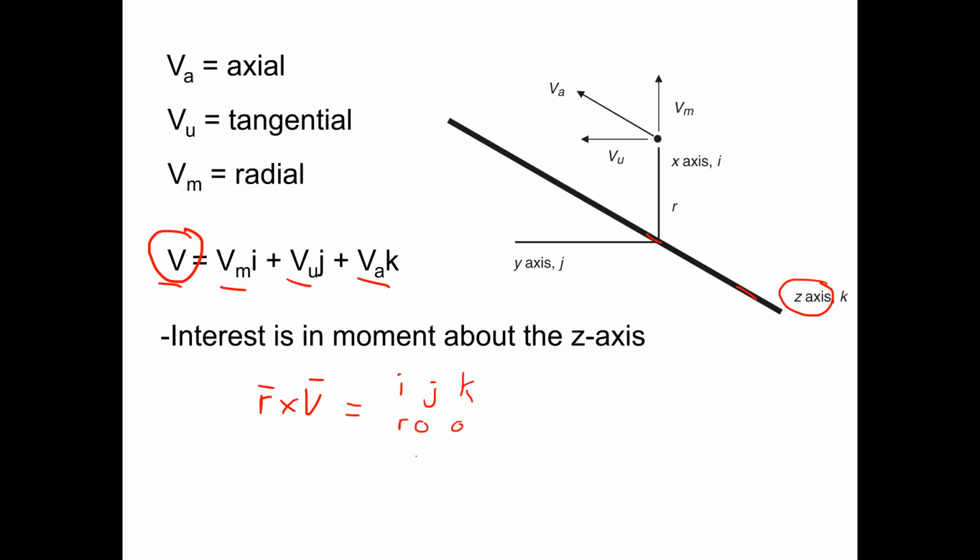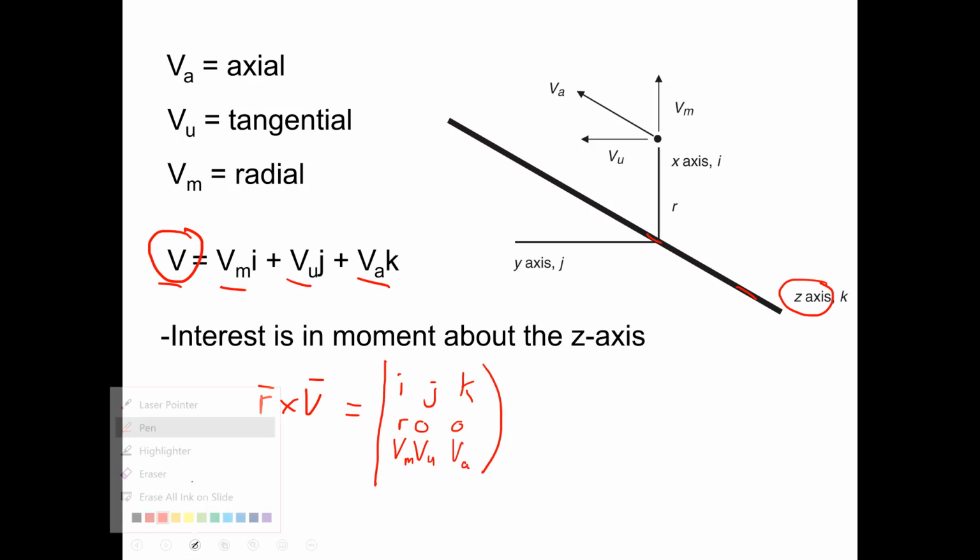Again, I'm not going to be asking you to do this all on your own, but if I were to split this up, sorry, that should be in the form of a matrix. So if I do this, I have my directional components i, j, k, and my velocity split up into the three components. I'm taking a cross product with the radius.